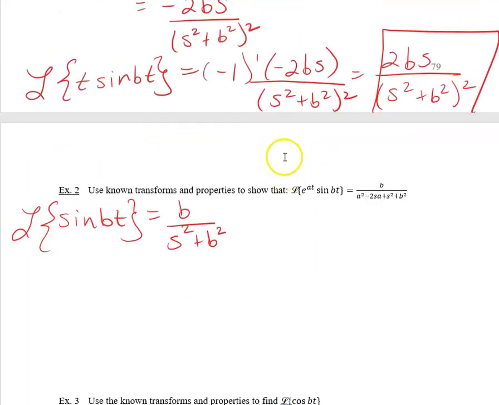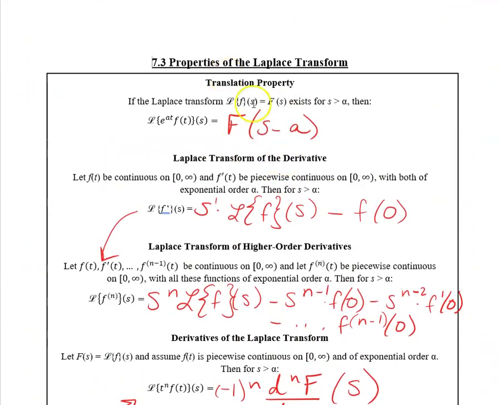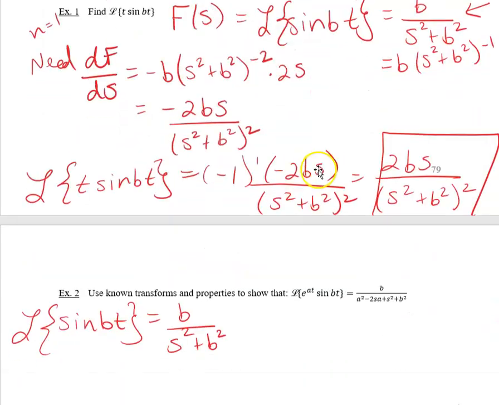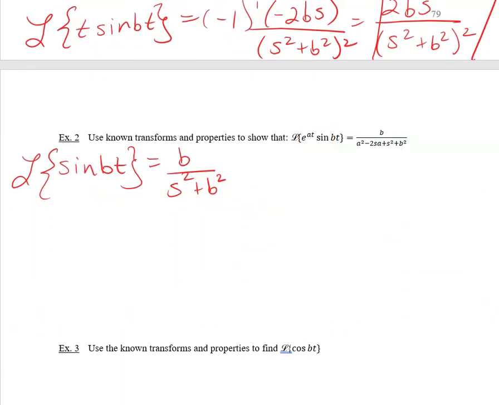So this translation property we have up here says that if I want to find the Laplace transform of e to the at times some other function, I'm just going to take that Laplace transform and substitute s minus a in place of the s. So let's write that out. I'm using that translation property.